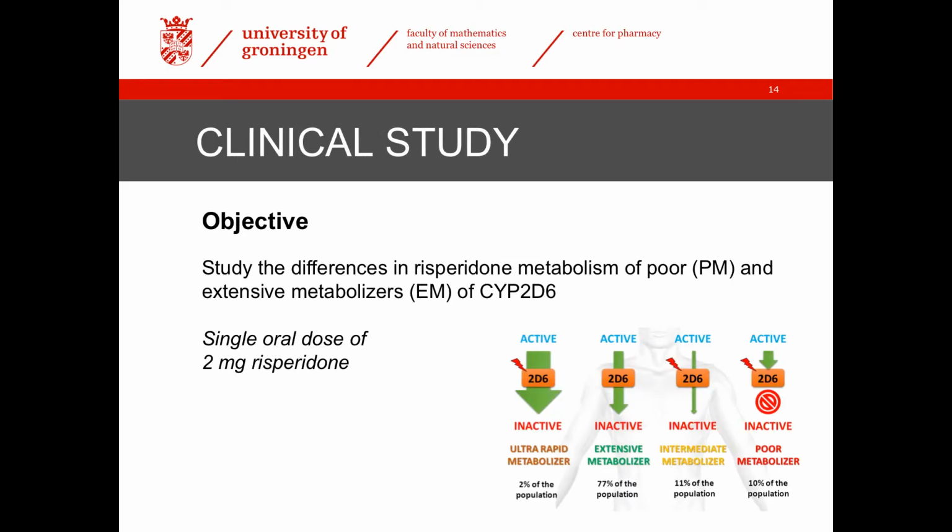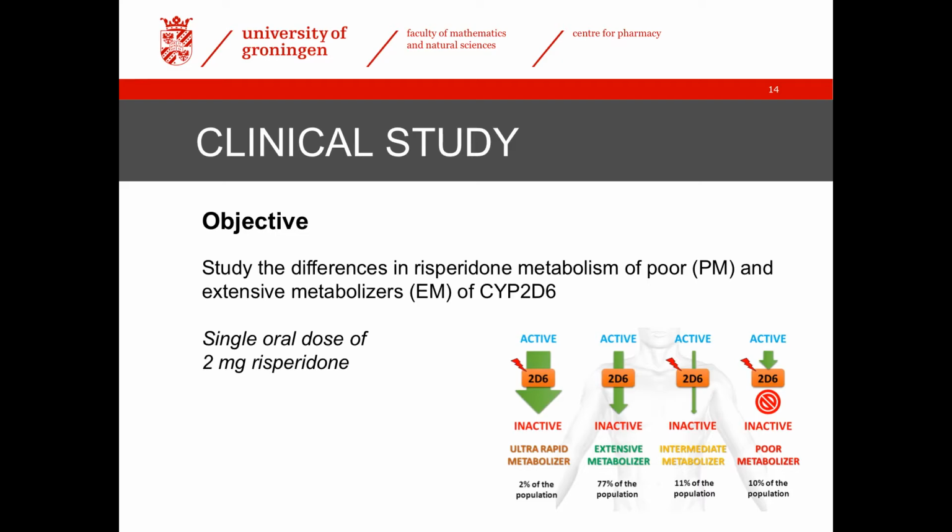I will show you how we did the bioanalysis to support a clinical study in which the differences in metabolism of risperidone were investigated. As you may know, most humans are extensive metabolizers for CYP2D6, which means that this enzyme has a rather high activity and will metabolize a large part of risperidone to the 9-hydroxy metabolite.